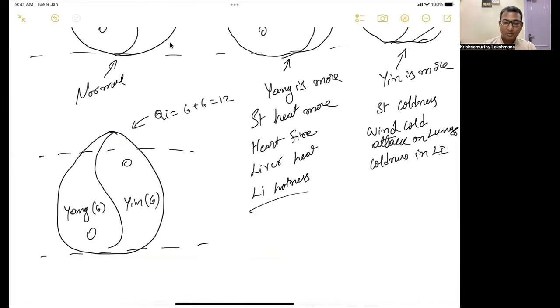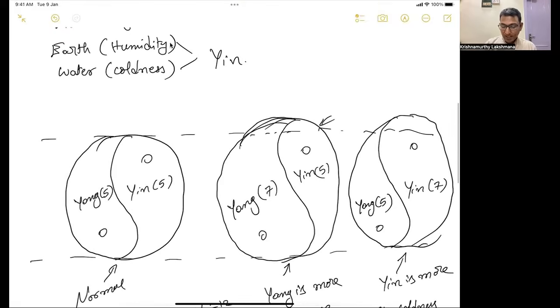This is the situation of excess qi. Make sense? Qi excess means neither heat is more nor cold is more. Both together, as a ratio, it is more.